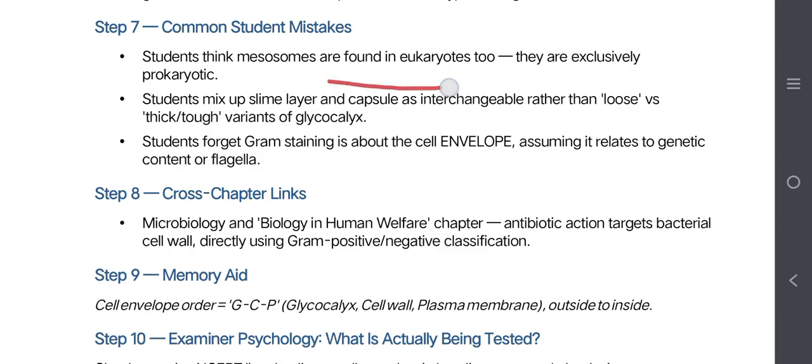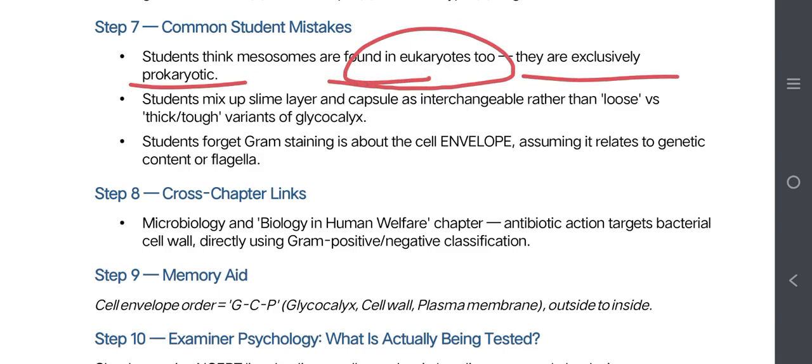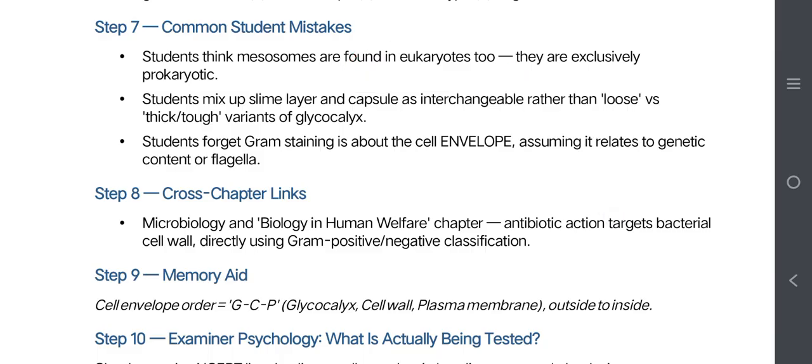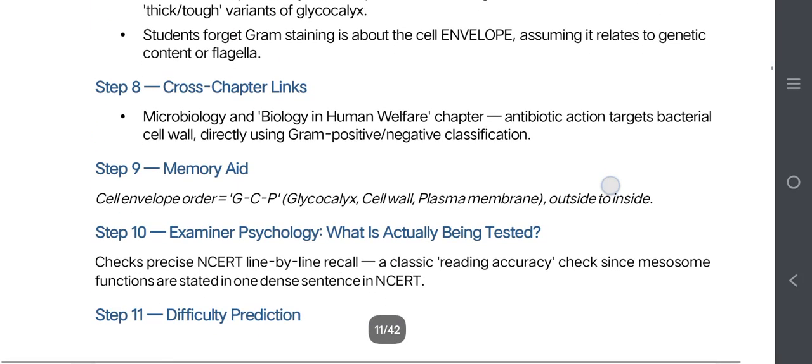Students also mix up the slime layer and capsule, treating them as interchangeable rather than as the loose or thick variants of glycocalyx. Students forget that Gram staining is about the cell envelope, assuming it relates to genetic content or flagella.